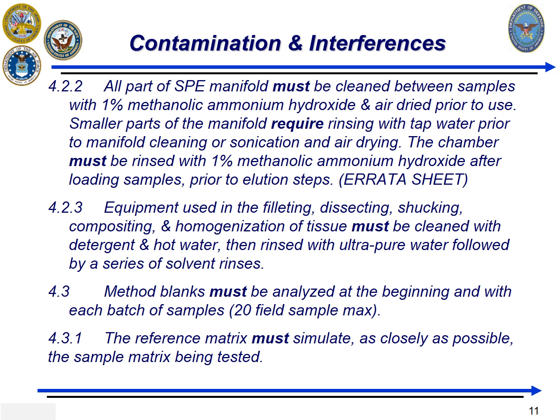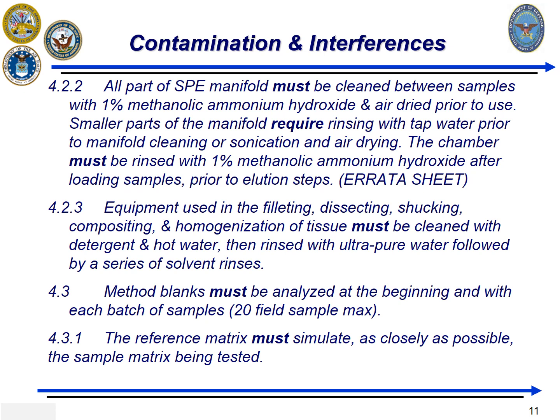When in use after loading the samples but prior to the elution process, the chamber must be rinsed with methanolic ammonium hydroxide 1%. Section 4.2.3 states equipment used in the filleting, dissecting, shucking, compositing, and homogenization of tissues must be cleaned with detergent and hot water, then rinsed with ultra-pure water, followed by a series of solvent rinses.